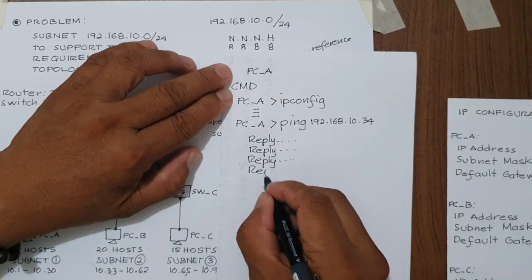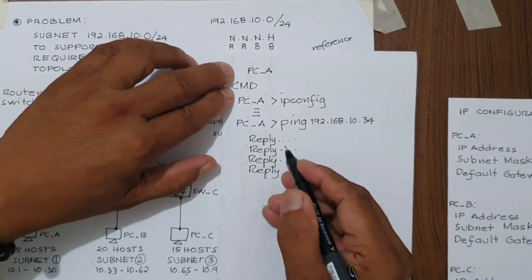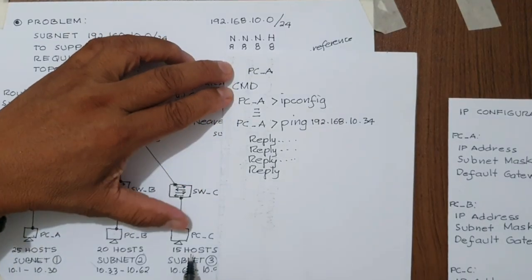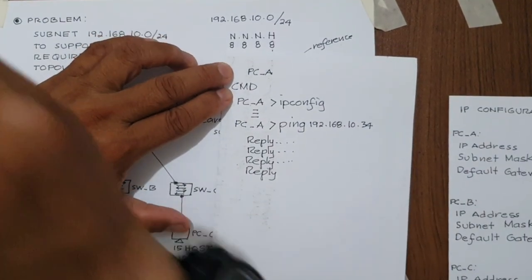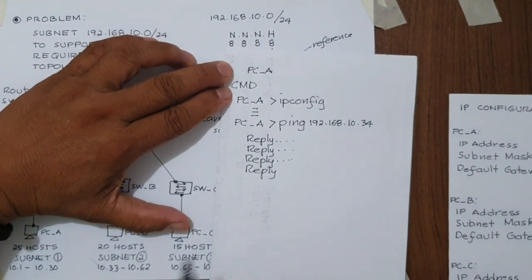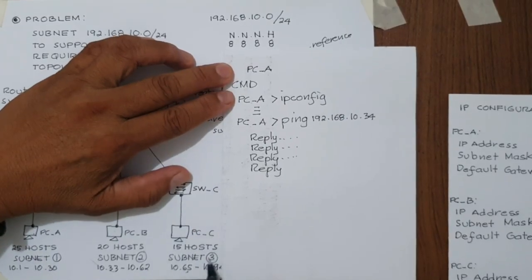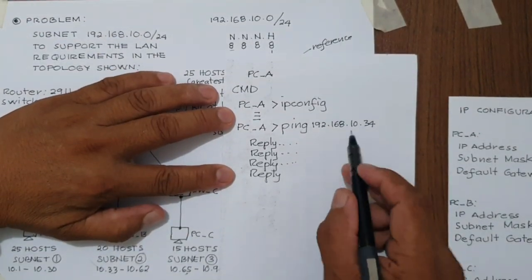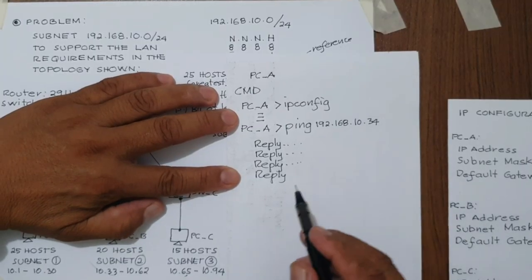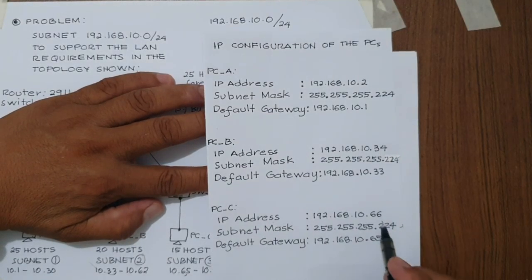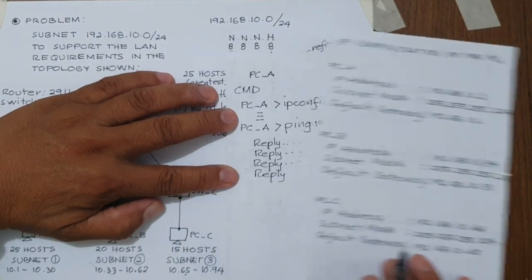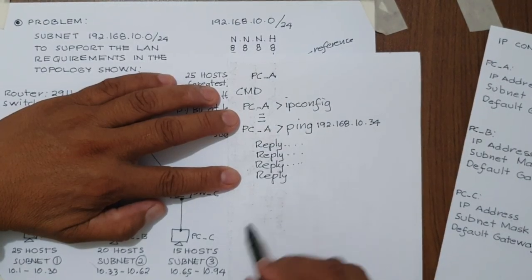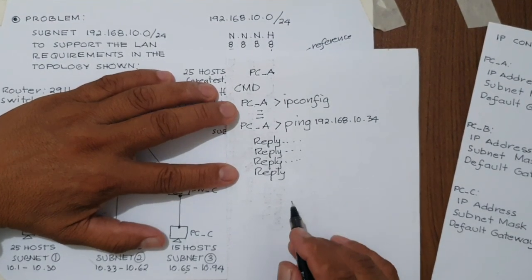You do the same to PCC. Ping also the IP address of PCC, which is 192.168.10.66. As you issue that, computer C must also reply.